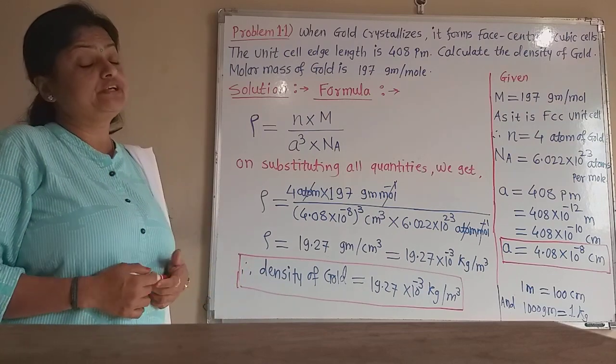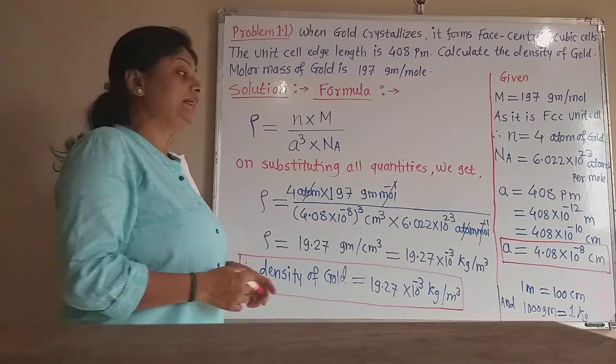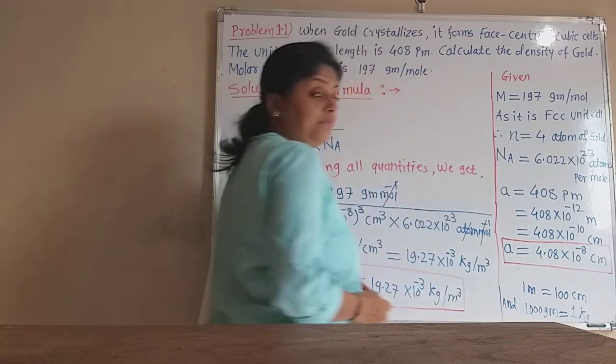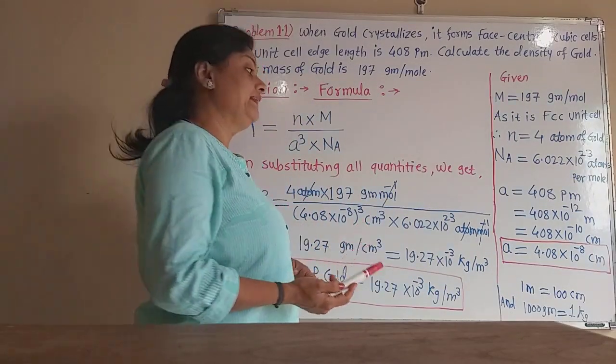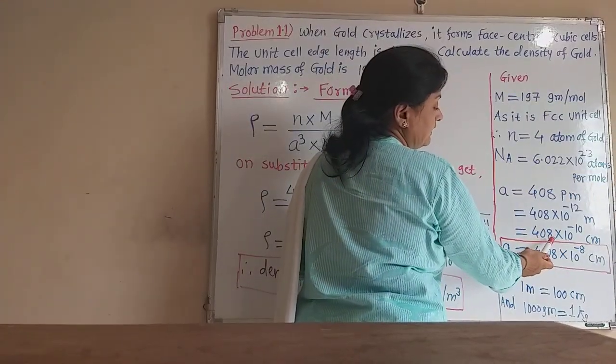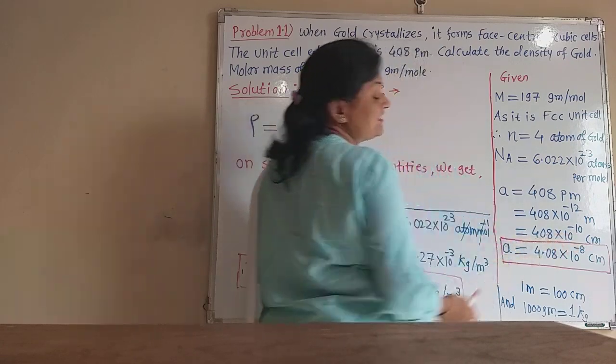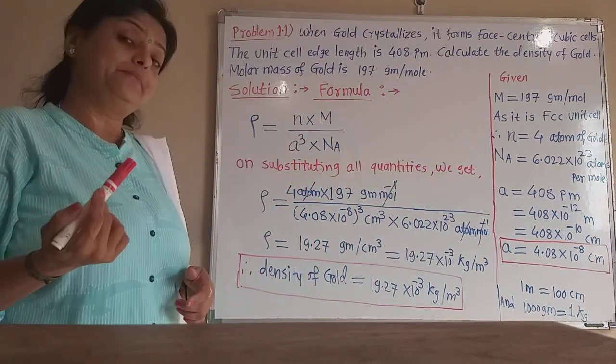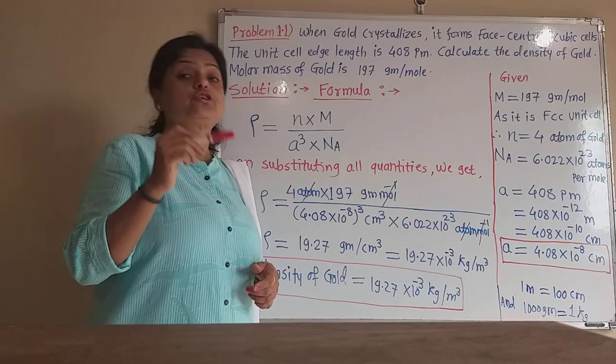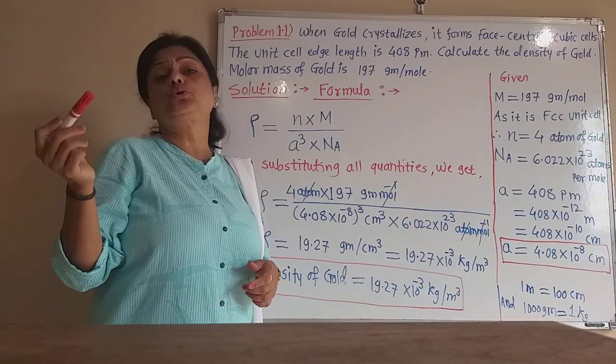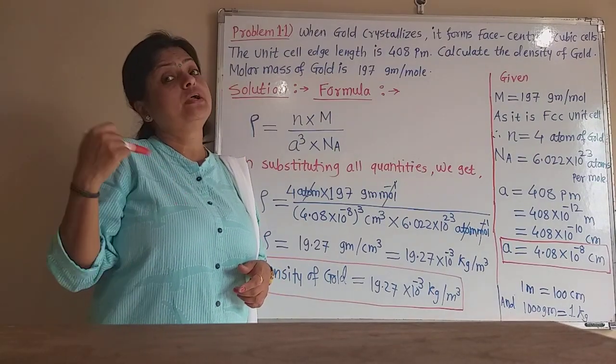We know that 1 meter is equal to 100 centimeter. So multiplying this quantity by 100, 10 raised to minus 12 into 10 raised to 2 is equal to 10 raised to minus 10.